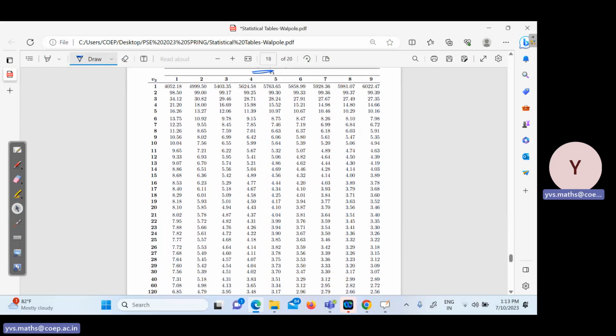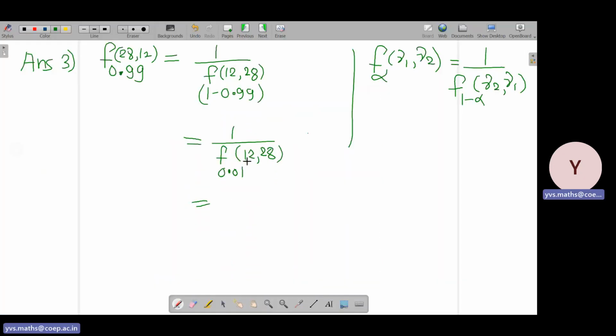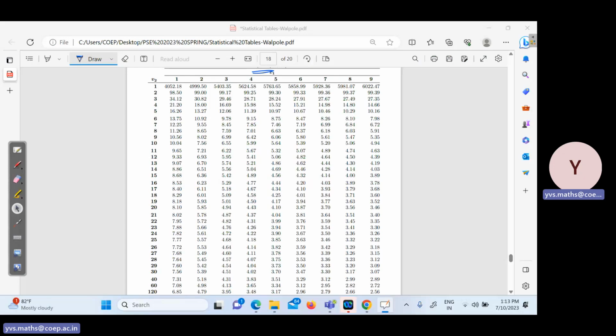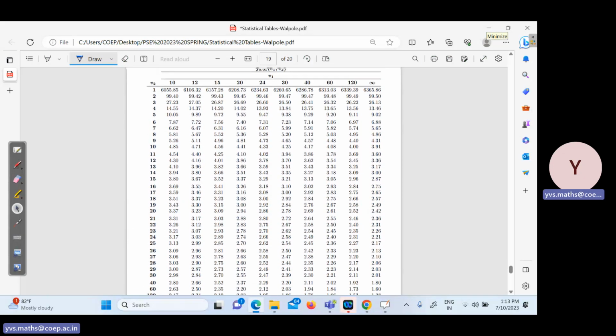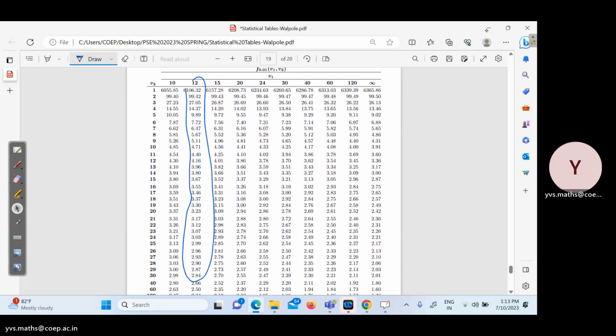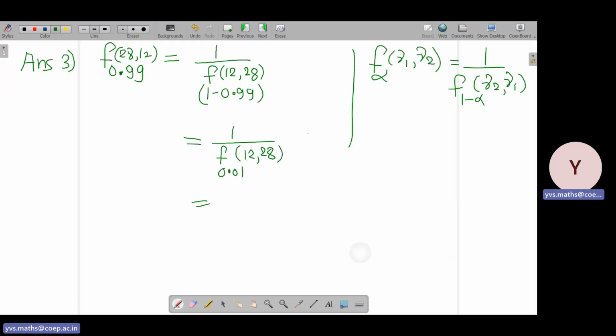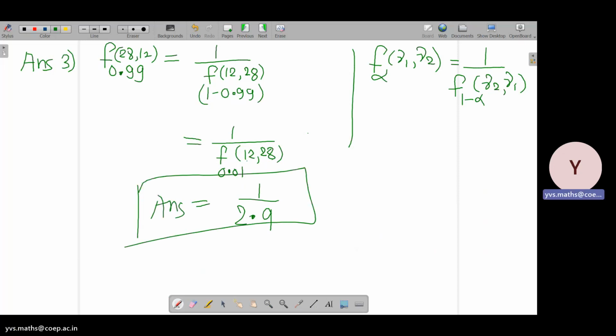For 12 and 28 degrees of freedom, let me scroll down. The intersection of that row and that column is 2.9. So this is 1 upon 2.9, and the answer for this question 3 is 1 upon 2.9.